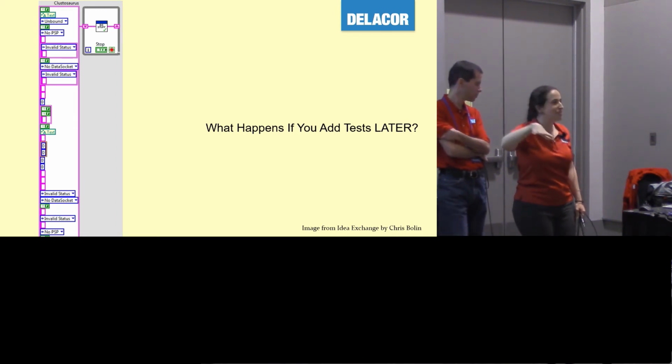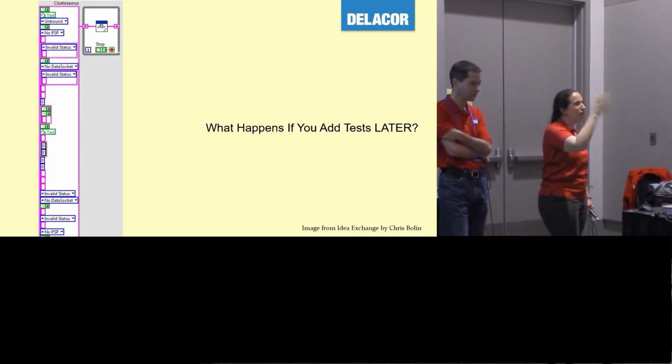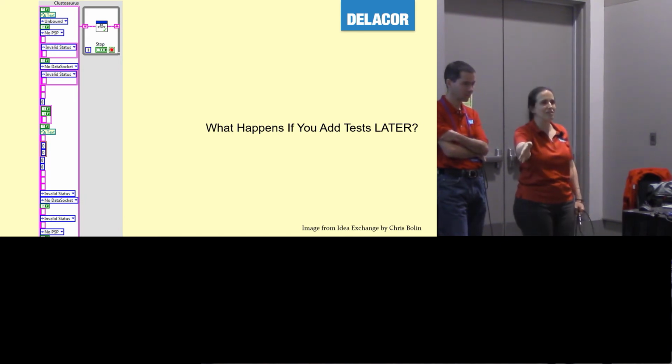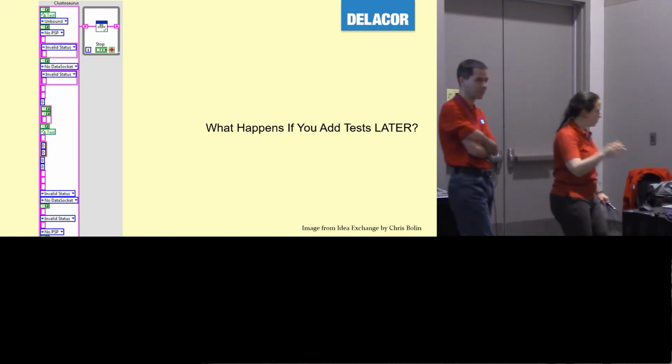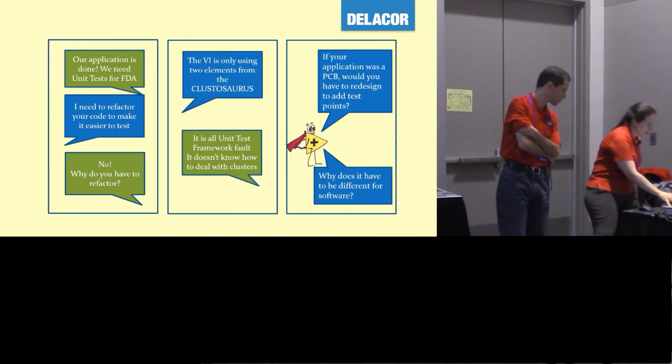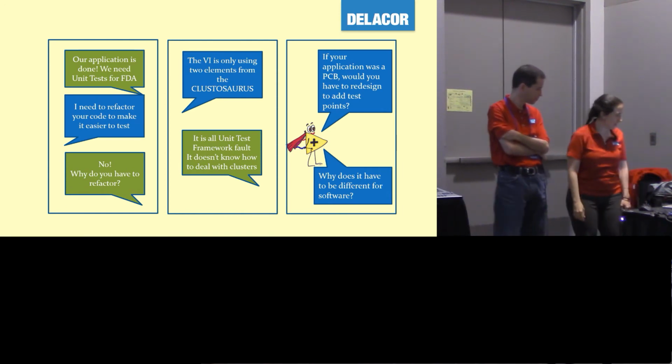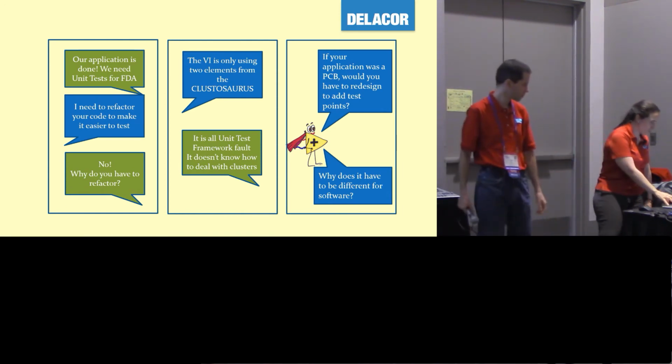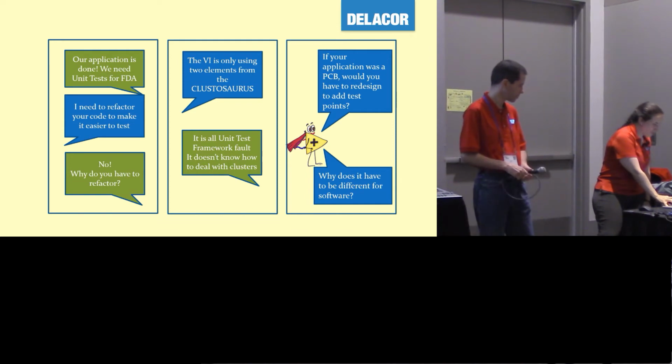But for whatever reason, the hardware engineer mind is okay on spending that money on the new test points, but the software mind is not. And if somebody has an answer for that, please let me know so I can use it with my customer. But this is the story that I just said. So why does it have to be different in software?